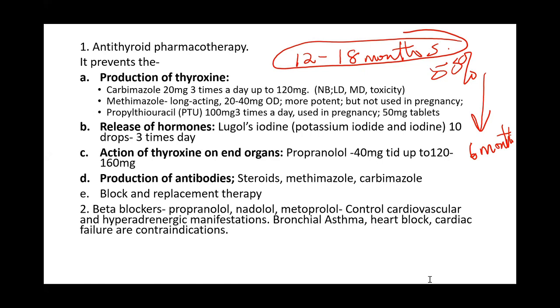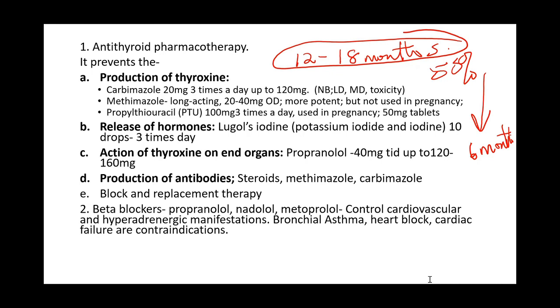Carbimazole also is not prescribed in pregnancy. Propylthiouracil, 100 milligrams, is given 3 times daily, and it can be used in pregnancy. You use a 50 milligrams tablet. The mechanism of action of propylthiouracil is preventing peripheral conversion of T4 to T3. Methimazole has the same mechanism of action as carbimazole.